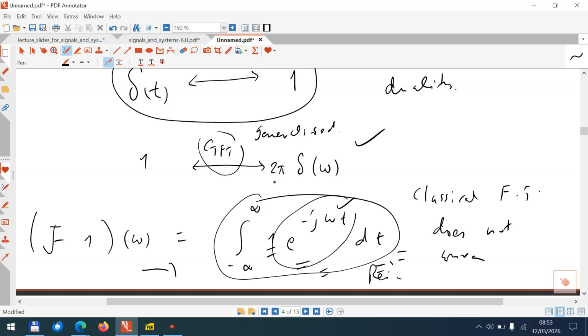Do you get this point? One indication of that convergence issue is that delta itself is not a usual function. It's a generalized function. So the fact that you see delta on the right side is a proof that it is not the classical or traditional transform, it is the generalized transform. I hope you get that point.